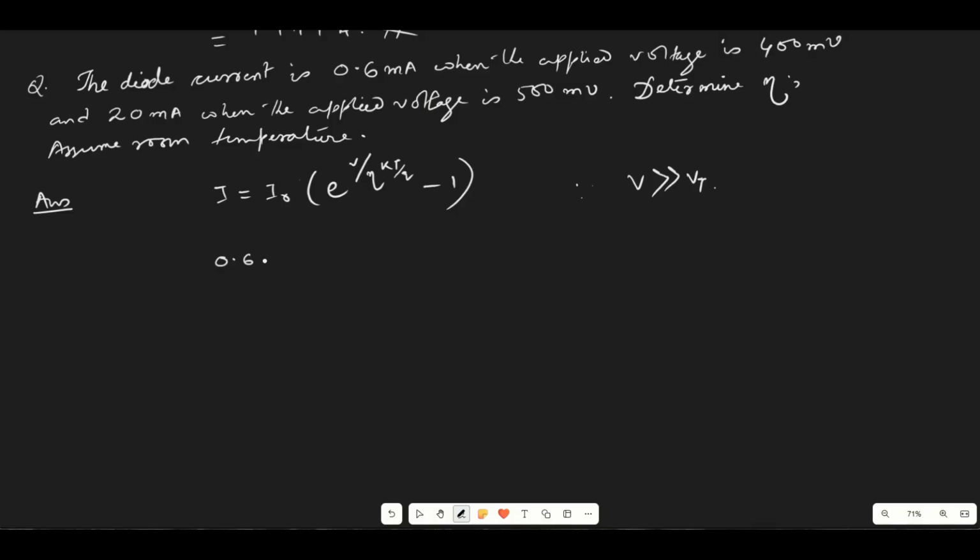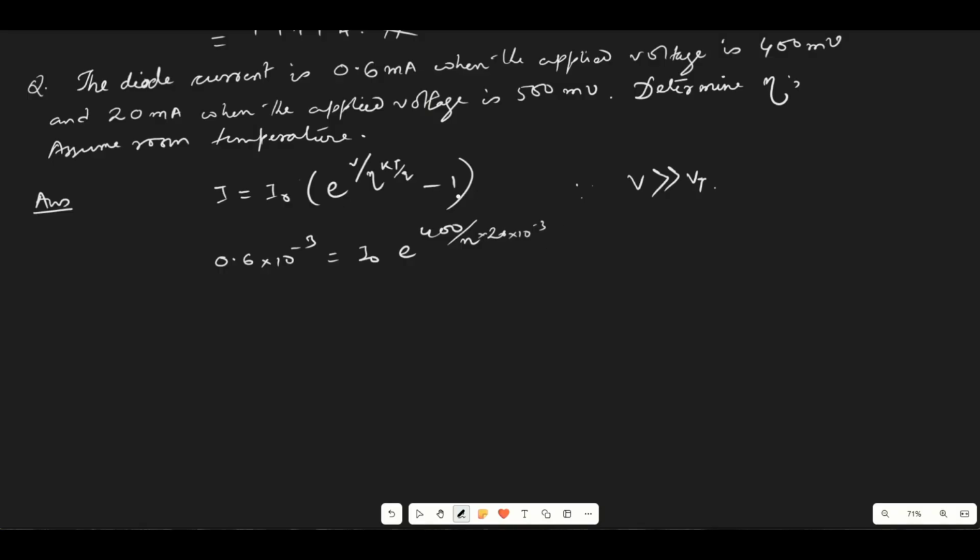that is 0.6 milliampere, we have this as I naught, then e to the power, this whole term will be 400 divided by eta, then the remaining part, which is 26 millivolts, 10 to the power minus 3.